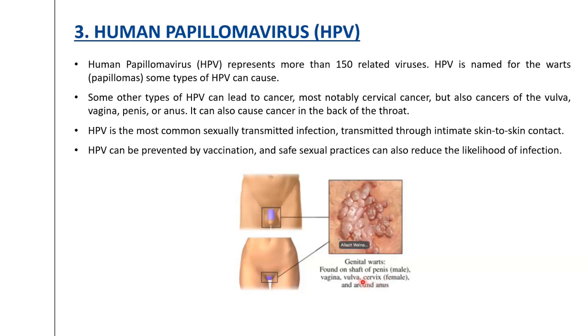So this virus mainly affects the cervix. It causes very slow changes in the lining of the cervix, which leads to cancer. So HPV is also one of the dangerous viruses that can be transmitted through intimate contact.